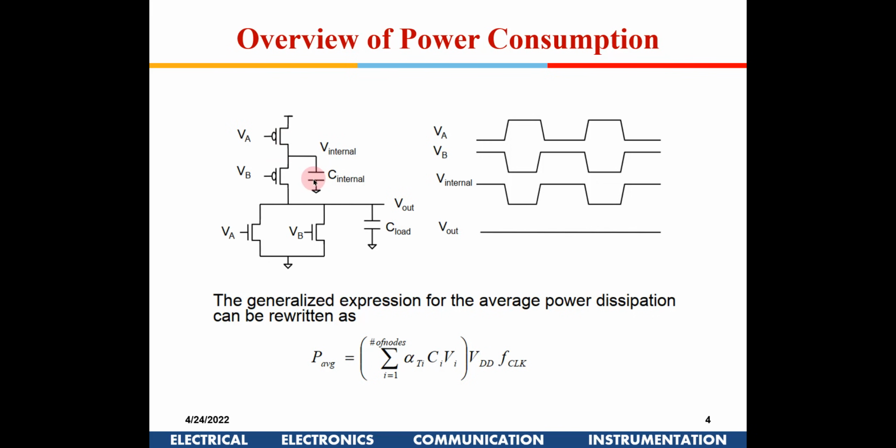So this capacitance also will get charged and it will get discharged, right? So the net power, if you see, it has to be the summation of all the powers, right? So if you see here, this equation gets modified: VDD F clock and summation of activity. So the activity out here and the activity out here will be different.